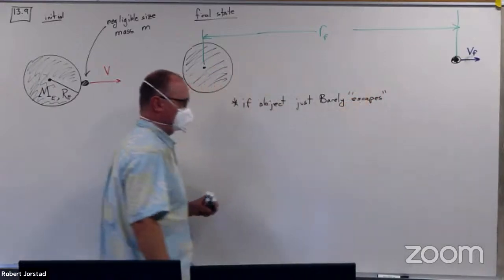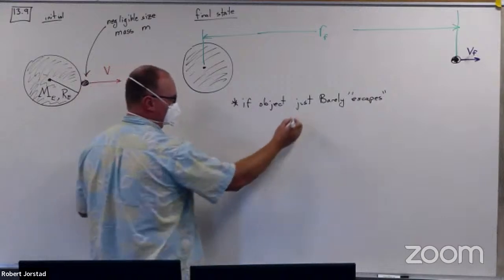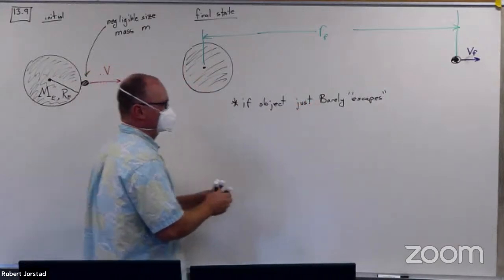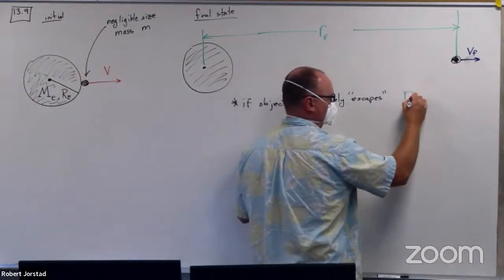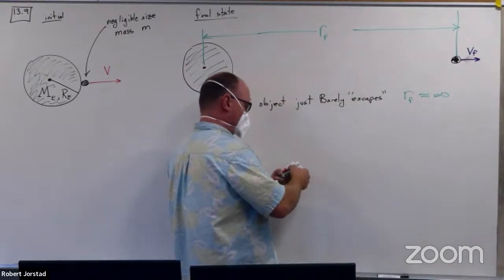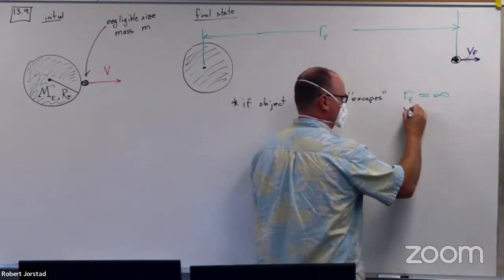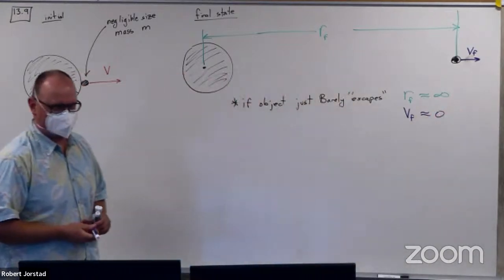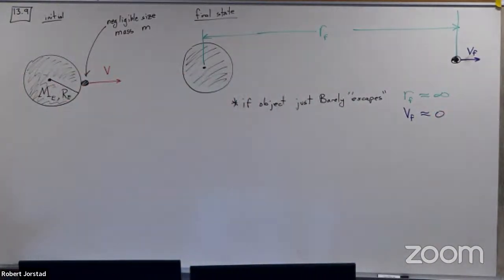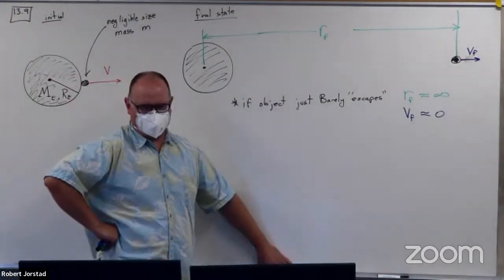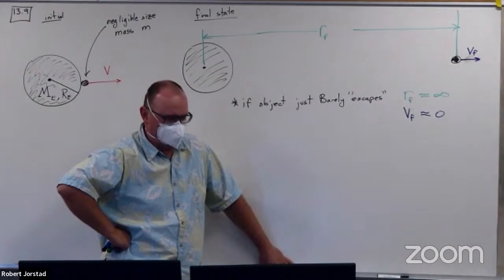In physics, we say if the object just barely escapes, we say it gets to an infinite radius with zero speed, which sounds pretty silly, right?